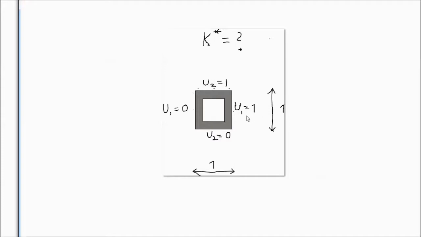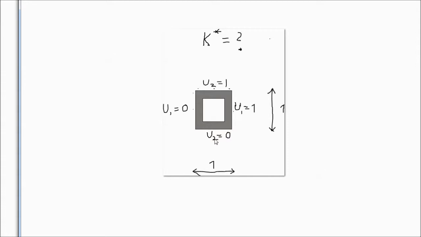What does this mean? It means that we are stretching the cell such that the displacement is equal to 1. And since we have chosen to let the length of the unit cell be equal to 1 and 1 in the x and y direction respectively, we obtain that the average strain in the x direction is just equal to 1. It's this value minus this value divided by the length 1.